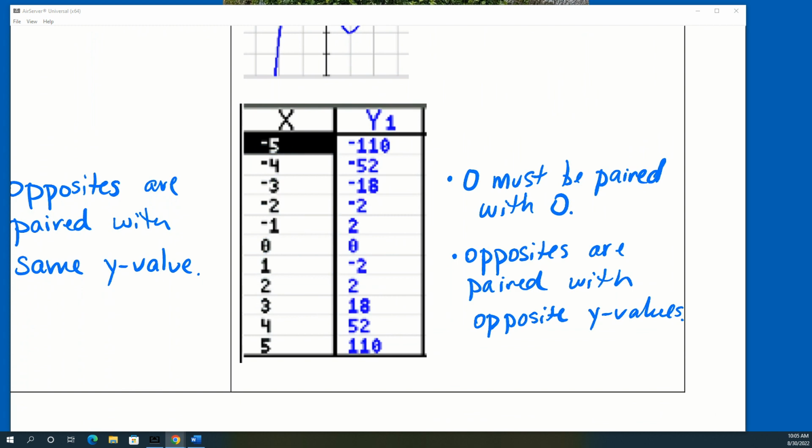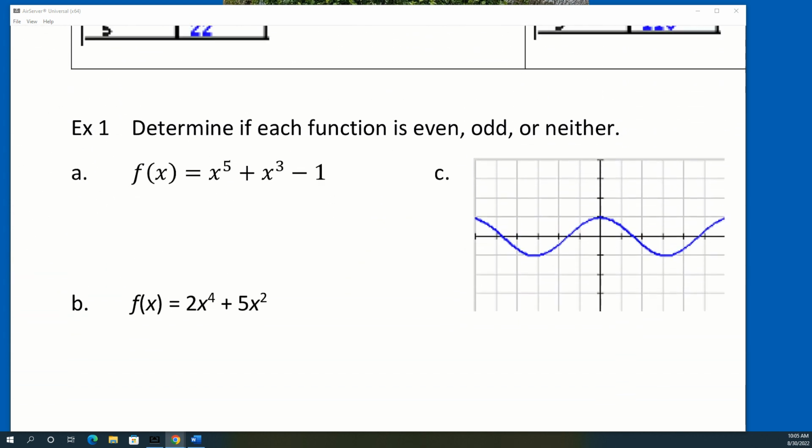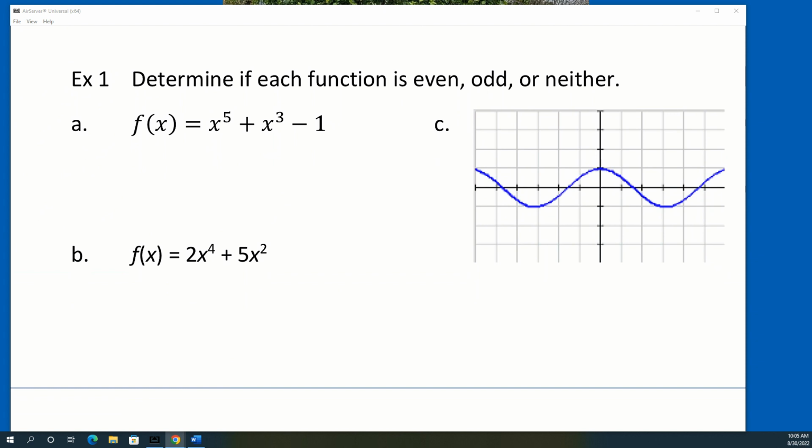Okay, so on our example, we have 4 different functions represented 3 different ways, and we're going to determine if they're even, odd, or neither. Now, someone in my last class was like, can't we just look at the exponents and know? Not really. Now, the more of these you practice, then probably. But if you were just looking at the exponents on A, what would you say it was? You would say it was odd. So let's see.